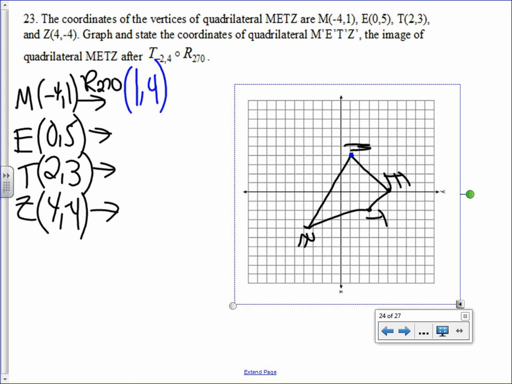E is now +5, 0. T is now +3, +2. And Z is now -4, -4.